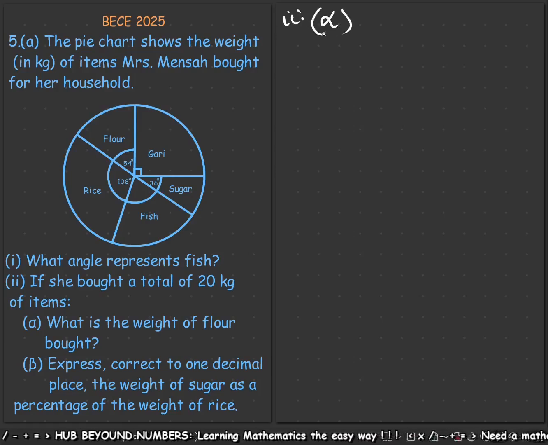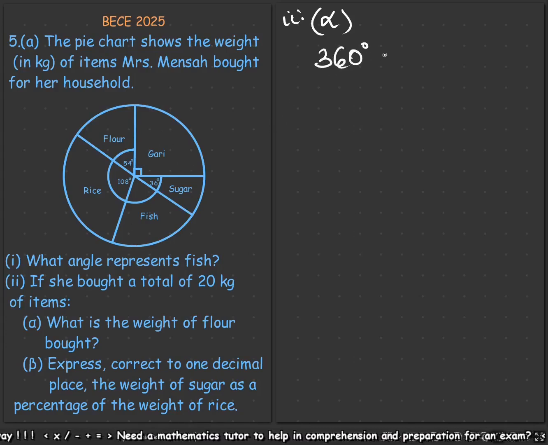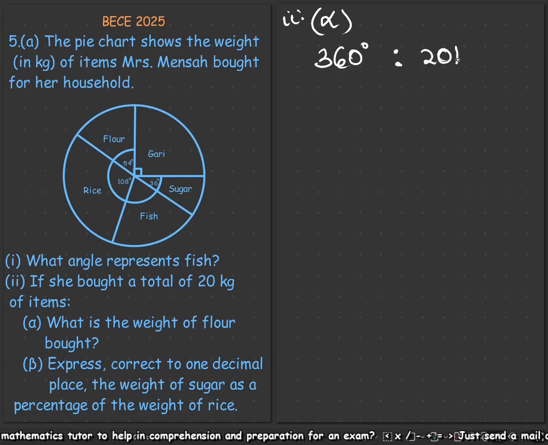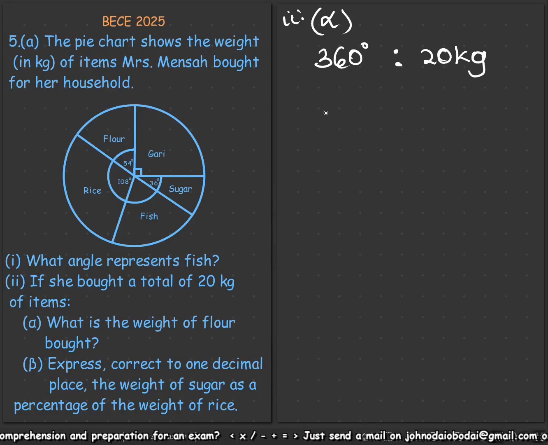If she bought 20 kilogram of items, it means if you sum up their total weight, you get 20 kilogram. And the angle here represents 360 degrees. So 360 is to 20 kilogram. Then the flour alone is 54.